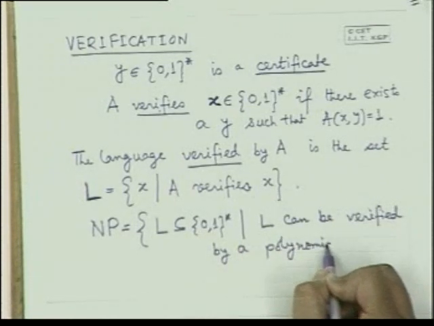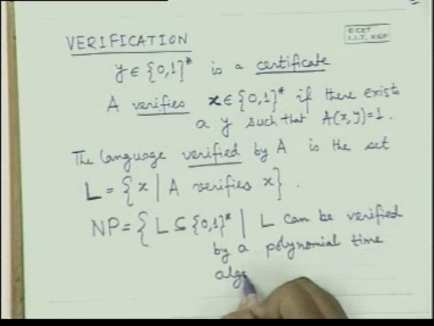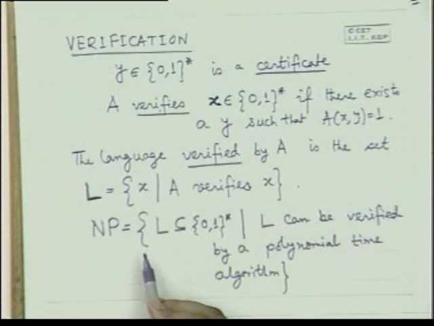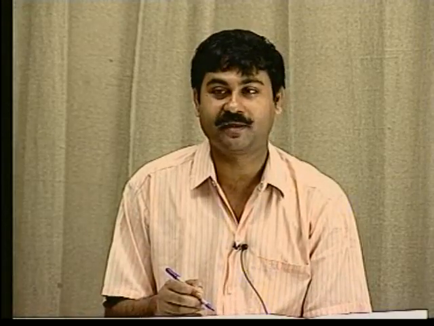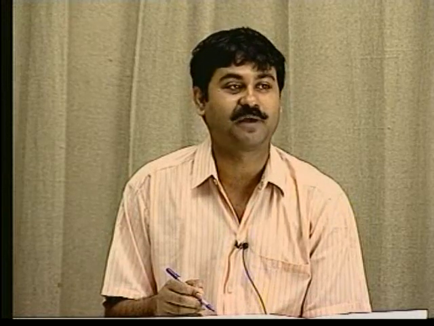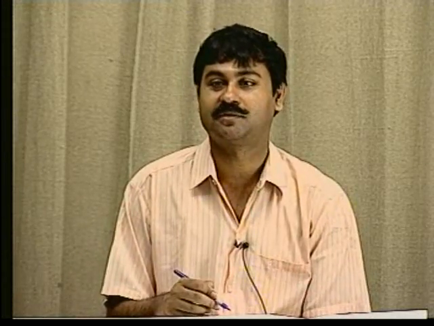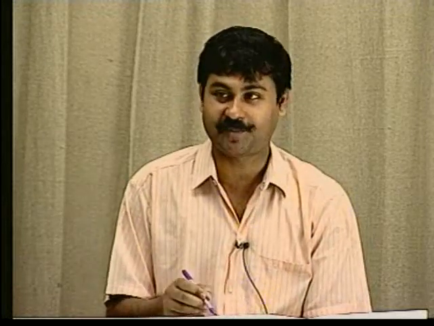This is a very crucial concept. NP is the set of all those problems for which verification can be done in polynomial time. So for the Hamiltonian cycle problem, I already told you in the last class how to verify whether a given cycle is a Hamiltonian cycle in the graph or not, and that can be done in polynomial time. So according to this definition that problem belongs to NP.